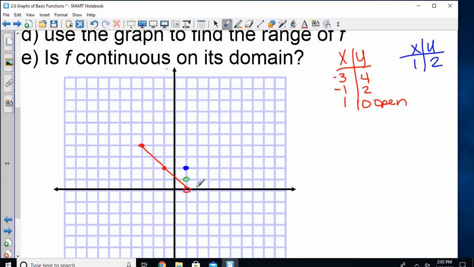So 1, 1 is open. 2, 4, 3, 9. So we're getting part of a parabola here. Maybe. It only extends one direction.